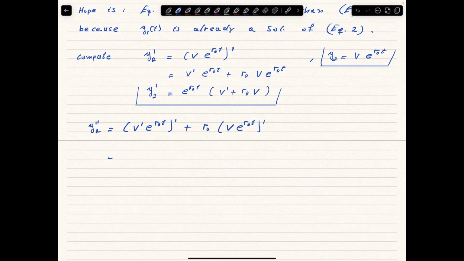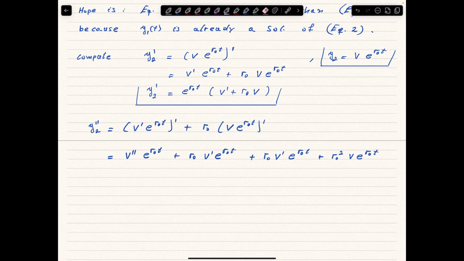So two product rules now. Here we have v double prime exponential r0t plus r0 v prime exponential r0t. This is from the first term. The second term, the derivative on v gives us an r0 v prime exponential r0t, and then the derivative of the exponential drops another r0, so r0 squared v exponential r0t.